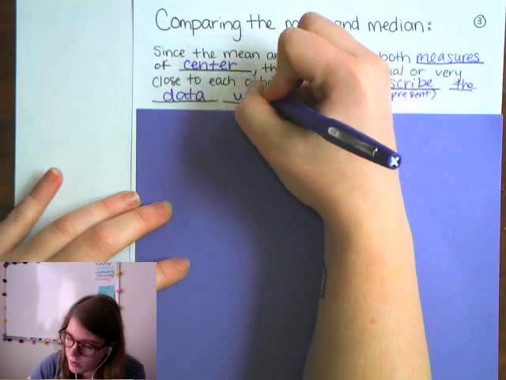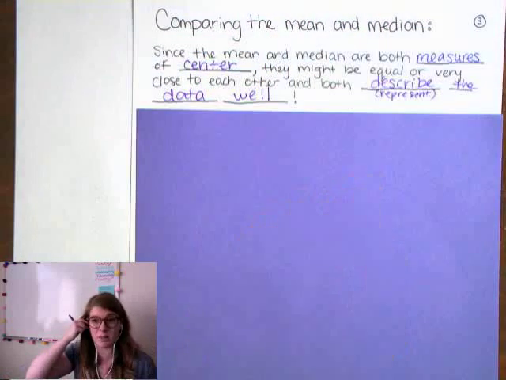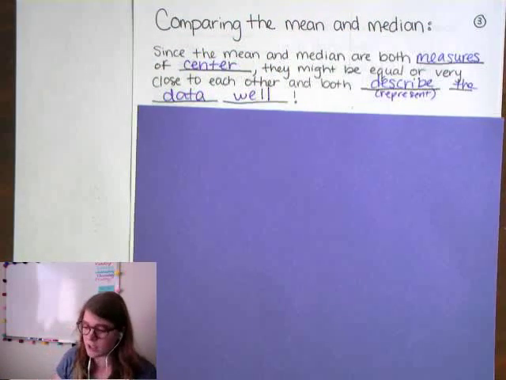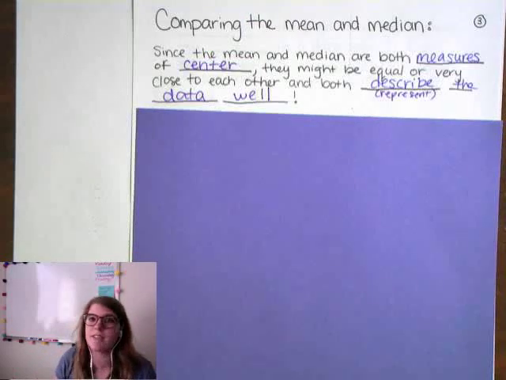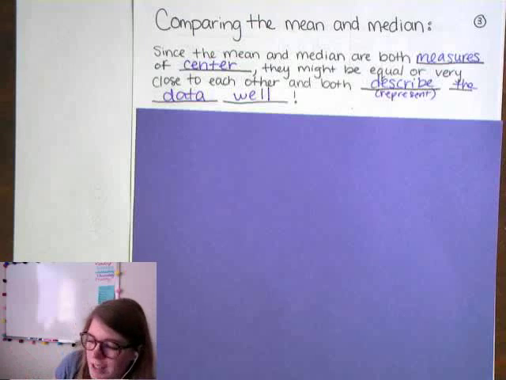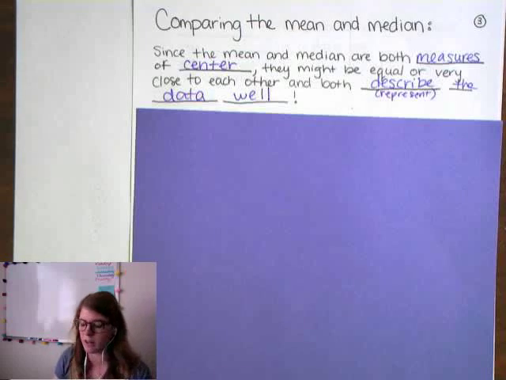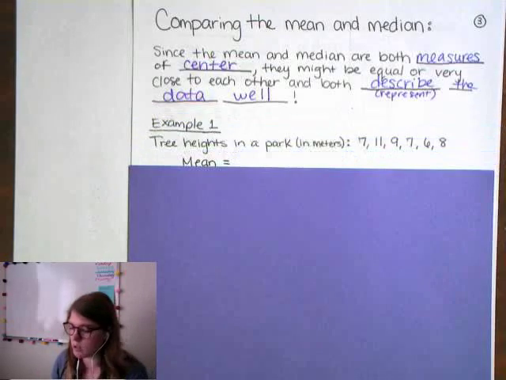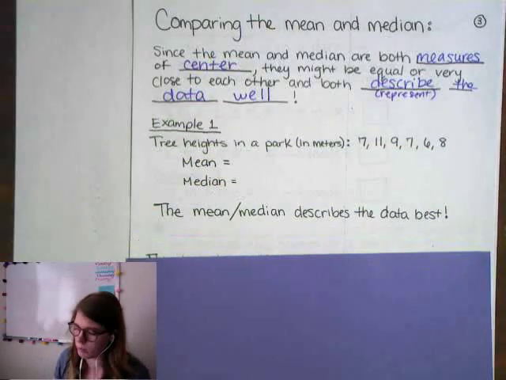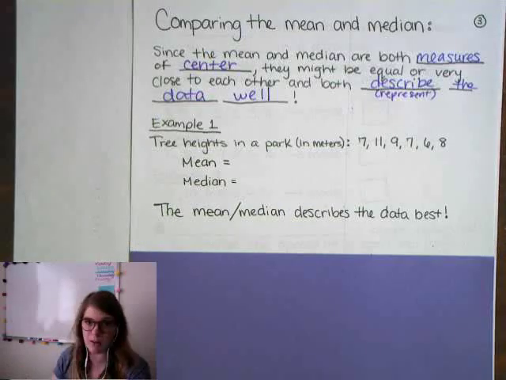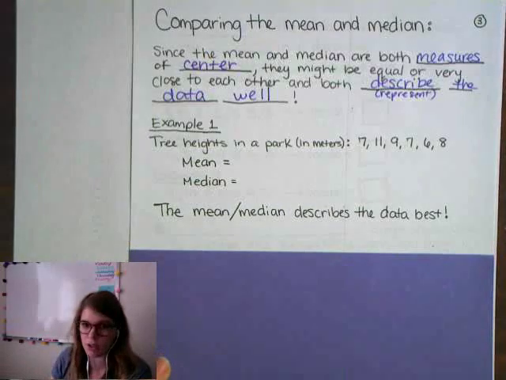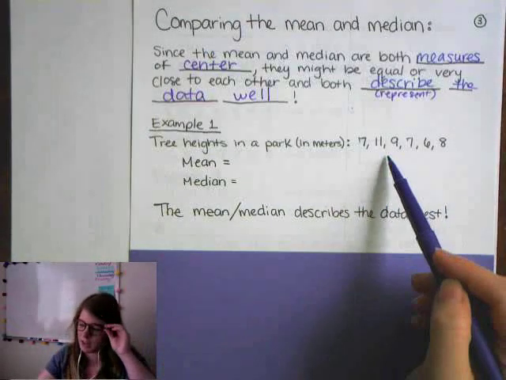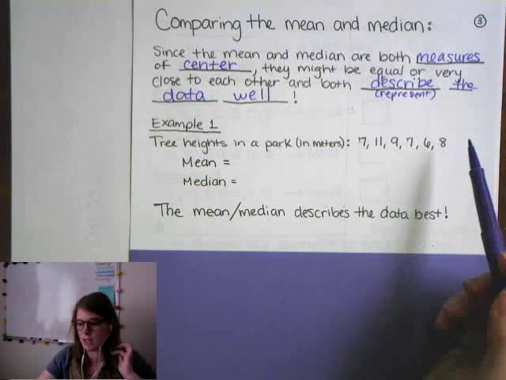So it really just depends sometimes, especially if the mean is 6.5 and the median 7. Those are both pretty representative of the data set, so it wouldn't really matter there. But say the mean was 6 and the median was 12. That's a big difference, right? So let's do a couple examples to help us determine which one will be better and why we can make that decision. So tree heights in a park in meters: 7, 11, 9, 7, 6, and 8.